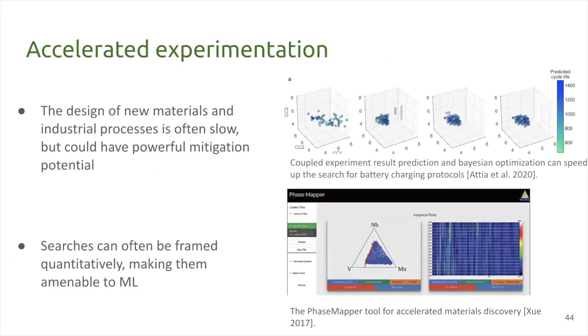So let's explore some examples. Accelerated experimentation. The idea is in a lot of the basic science that is relevant for climate change, you have to work with systems and you have to actually intervene in them in a sometimes very time-consuming process. For example, if you're designing a new fuel or designing a new battery charging strategy, or even tinkering with different fusion protocols, these are examples that we've seen throughout the workshop.